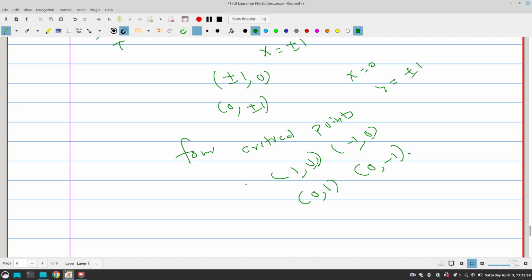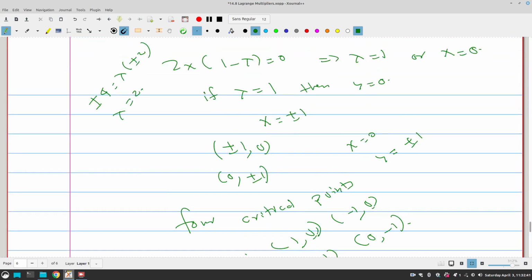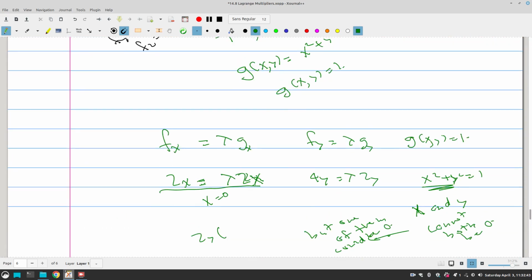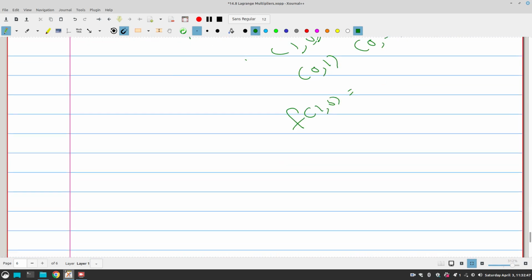Now, if you have four critical points, you want to examine what happens to f at these four critical points. What is f of 1 0 equal to? Remember, f of xy equals x squared plus 2y squared. So f of 1 0 is 1.